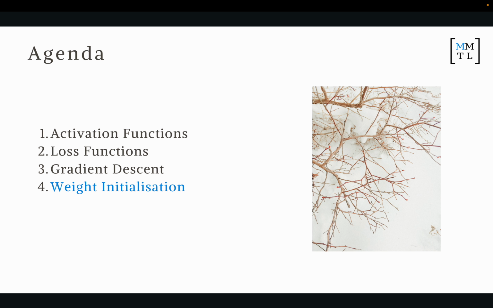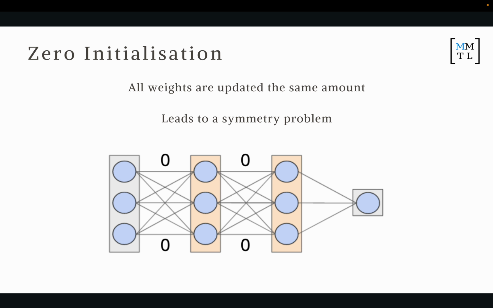Okay, the next topic is weight initialization. So, what happens if we try zero init? We talked about random init yesterday, but initially for 10 years or so, people actually did zero initialization, which is, instead of randomly initializing every weight with a randomly selected number, they would just say let's start with 0.